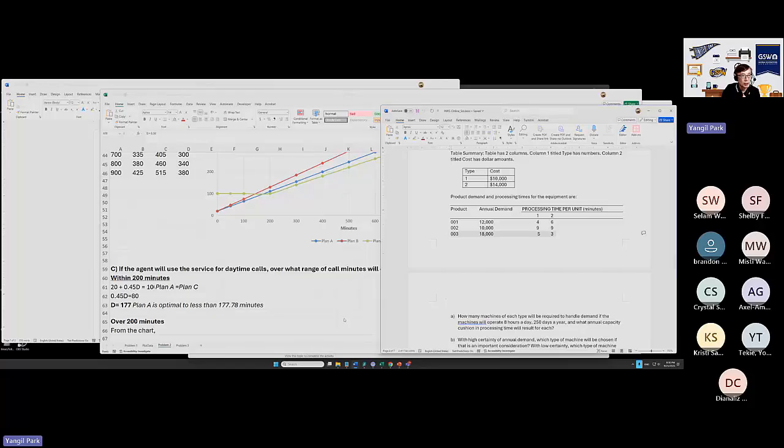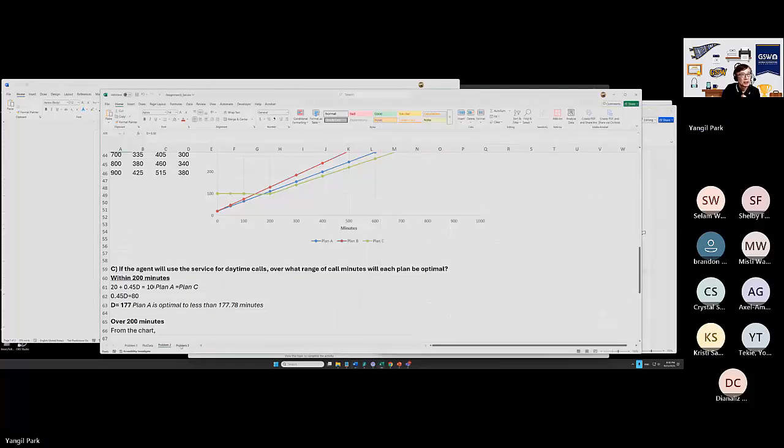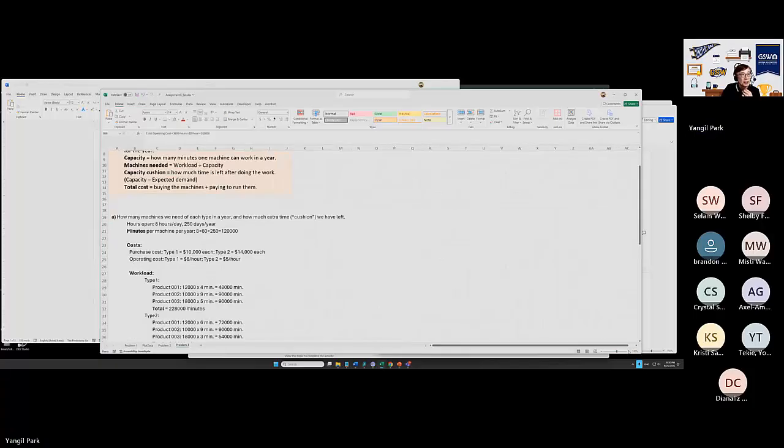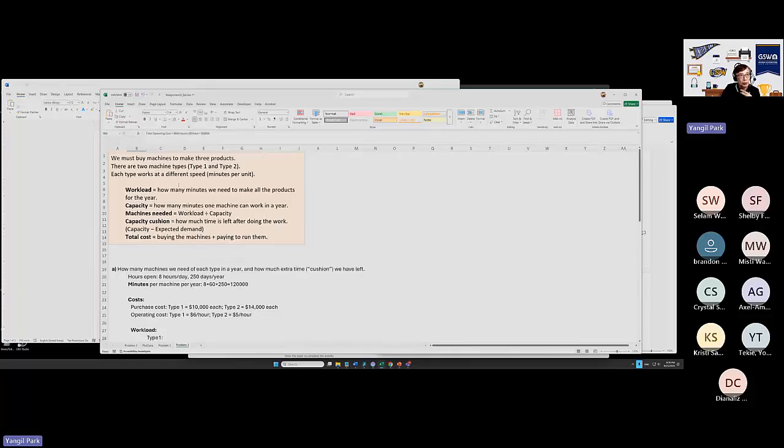So there are several questions we're going to answer, and we can sum them up here. We need to buy a machine to make those 3 products, either type 1 or type 2, not at the same time. You're going to buy one or the other. And each type works at a different speed, as we can see from the example. So there are some concepts we need to understand.